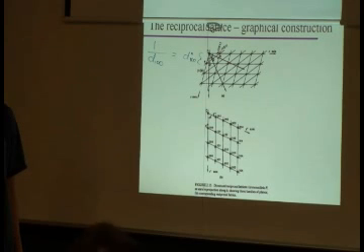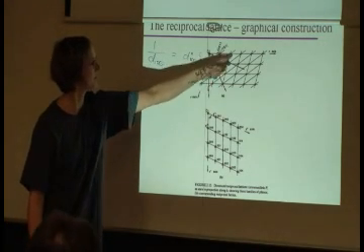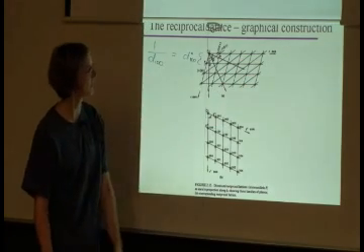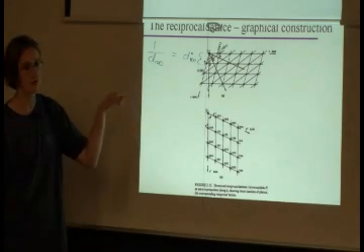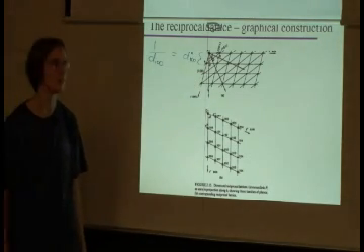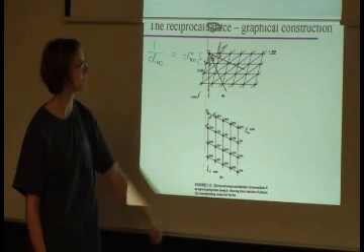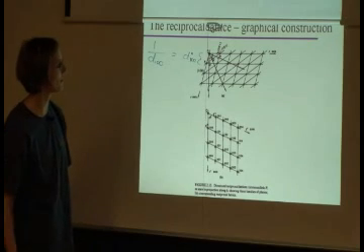Does anybody see the 001 family of planes? It's these, right? They are parallel to the A-axis, so you get that 0. They are parallel to our B-axis, which we really don't see, and they intersect the C-axis at 1. So there's your 001 family of planes.